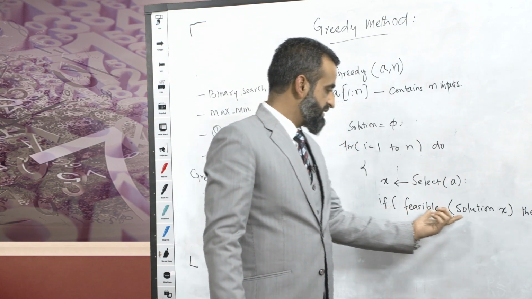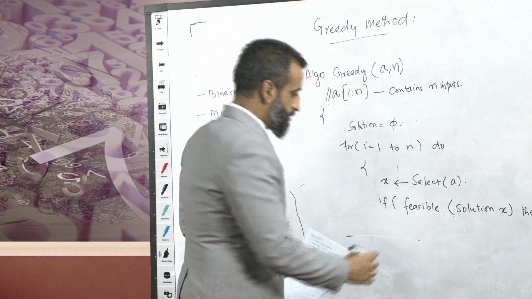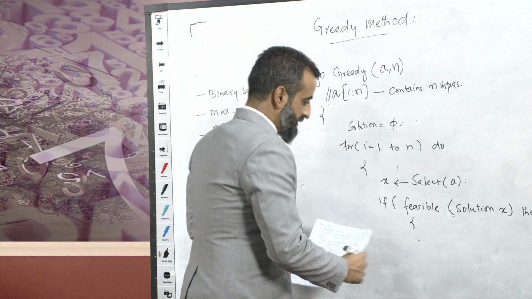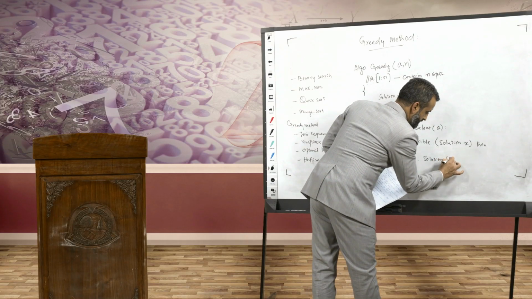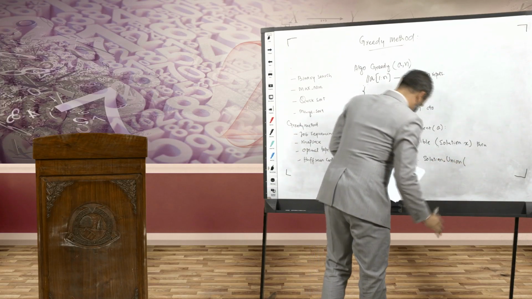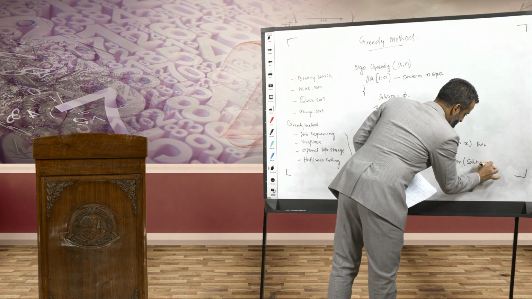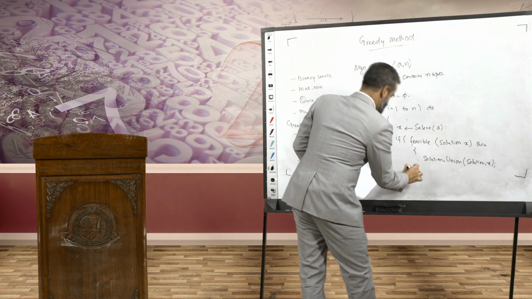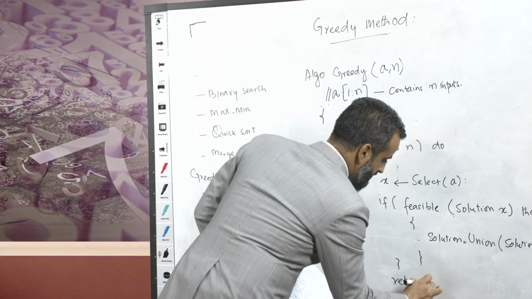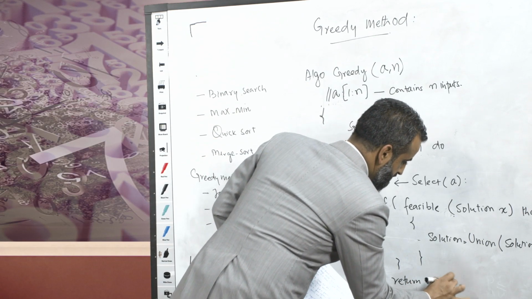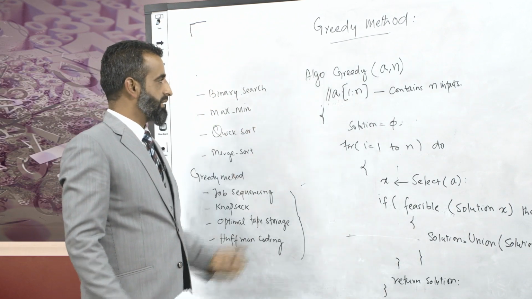So it will tell me whether this input is feasible, whether it can be part of the final solution or not. If it is feasible, then I will put it in the solution using a union function. The job of the union function here is to combine this input with the existing solution. And here we stop and return the solution of the problem. So this is the algorithm for the greedy method.